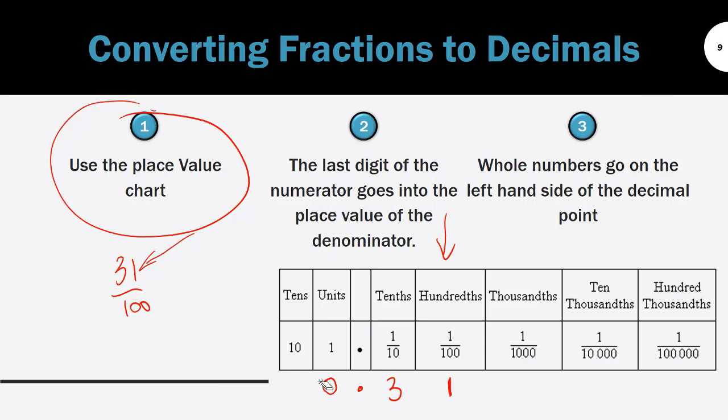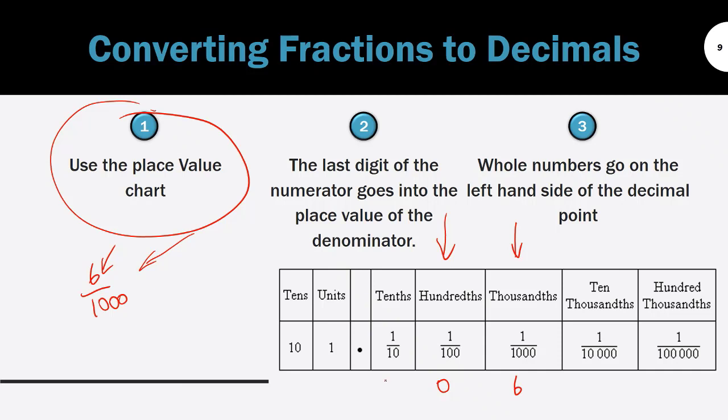0.31. Now it can get a little bit tricky if you have a fraction, let's just say 6 over 1,000. Then I need to put that 6 into the thousandths, because it is the last digit of my numerator. Even though there is only one digit in my numerator, it is the first and also the last one, so we put the last one into the thousandths column, and then we fill in some zeros.